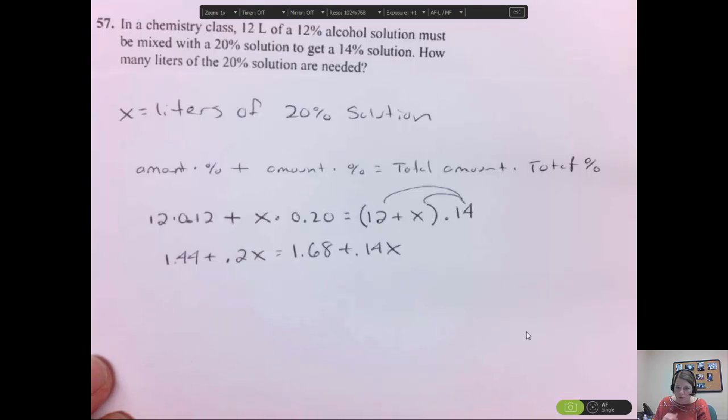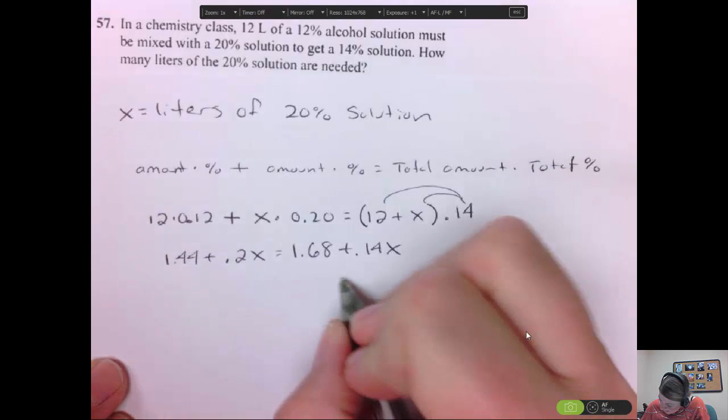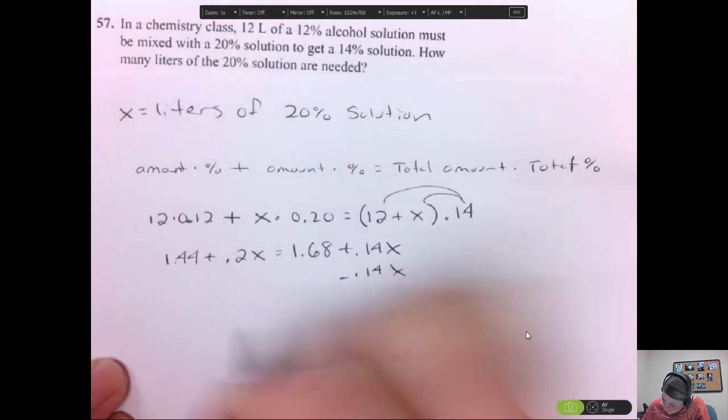So I'm going to subtract those together. Which way do I want to go? It doesn't really matter. So I'm going to subtract the 0.14x over here.